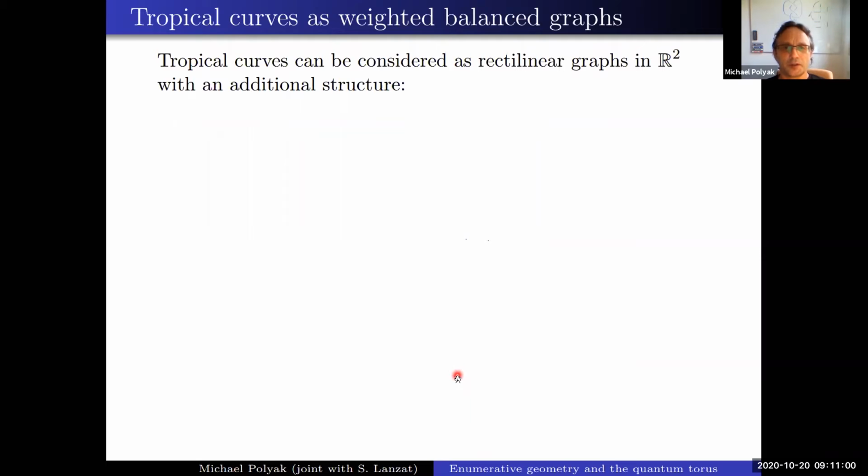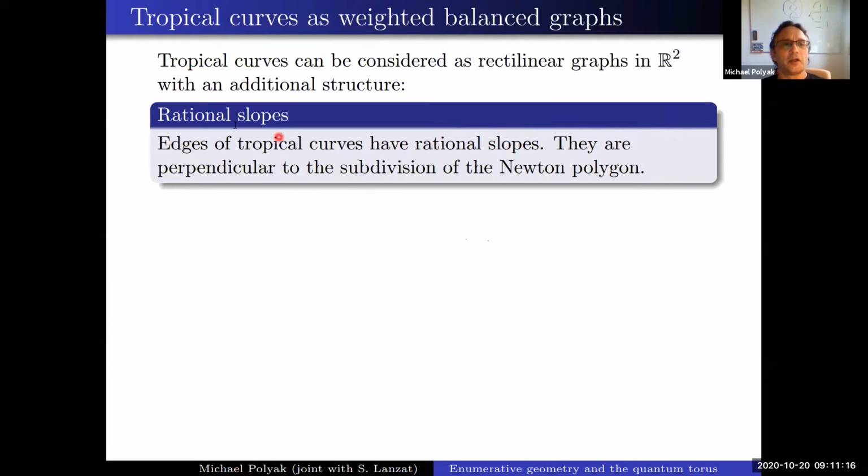So tropical curves could be defined as follows. You can forget everything about the amoebas and just consider them as just graphs in R2, which do have an additional structure. So the first part of this structure is that edges of these tropical curves, all of them have rational slopes, and as I already mentioned, they are perpendicular to the subdivision of the Newton polygon.